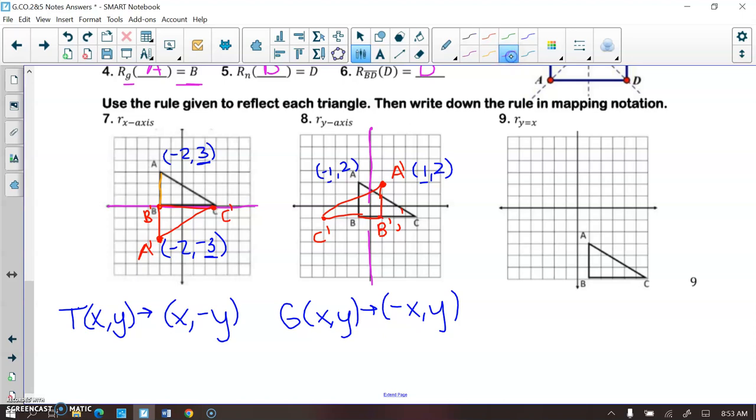All right, and then the last one that we're going to learn is a reflection over the line y is equal to x. So y is equal to x can also be written as y is equal to x plus 0. Your y-intercept is 0, your slope's 1. So up 1 over 1, up 1 over 1, or you could go down 1 over -1, and so forth. But this is the line that we're reflecting our triangle over.